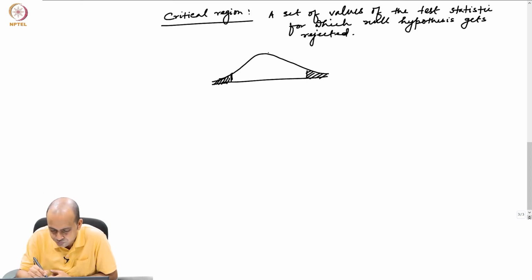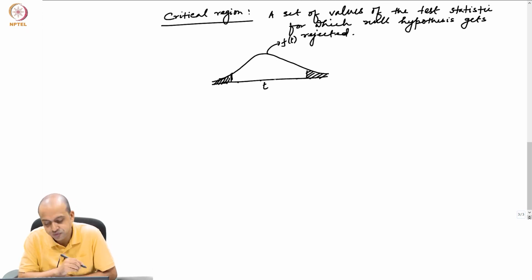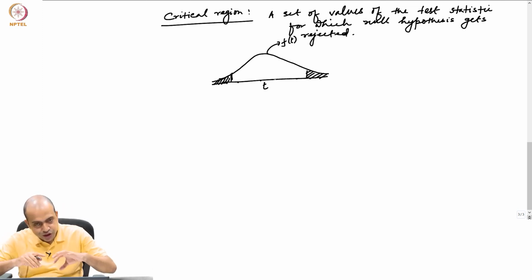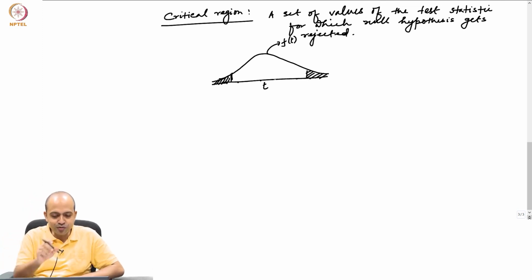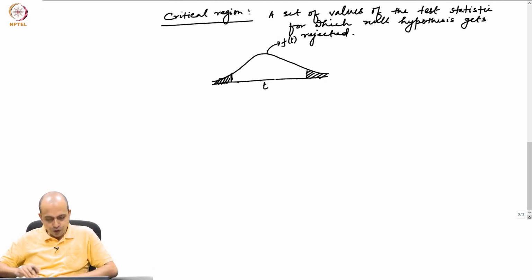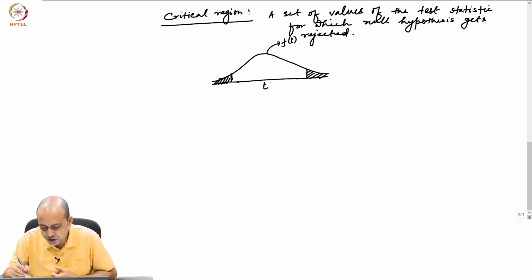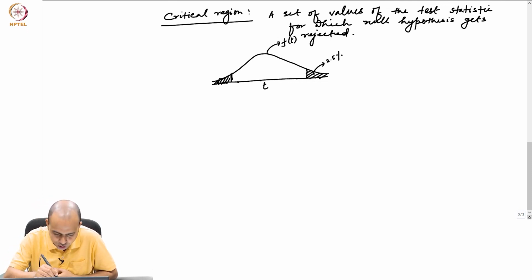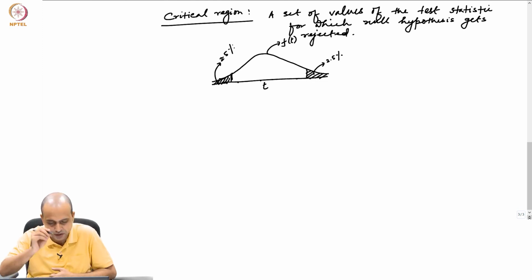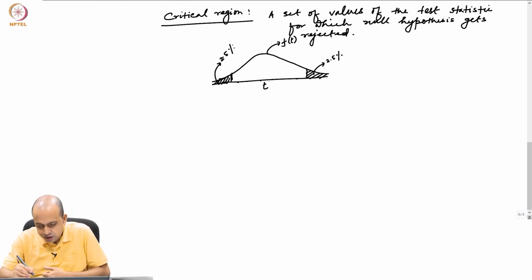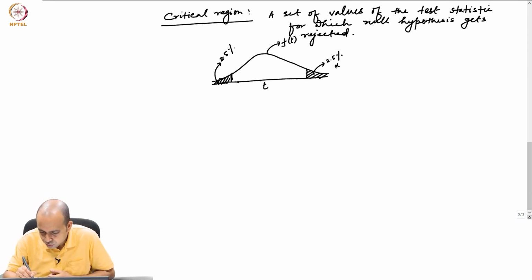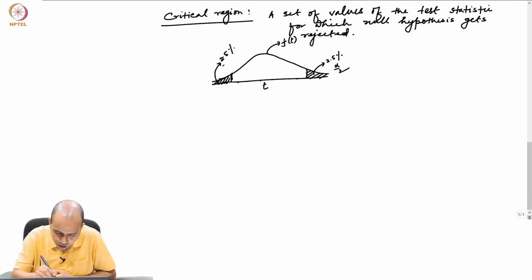In this diagram, this is the density, and here we are putting several values of the test statistic T. Okay. The critical region lies in the two tails of the distribution. Let us say the size of this critical region is 5%, that means here it is 2.5%, here also it is 2.5%. This is basically called alpha by 2, and this is also alpha by 2.